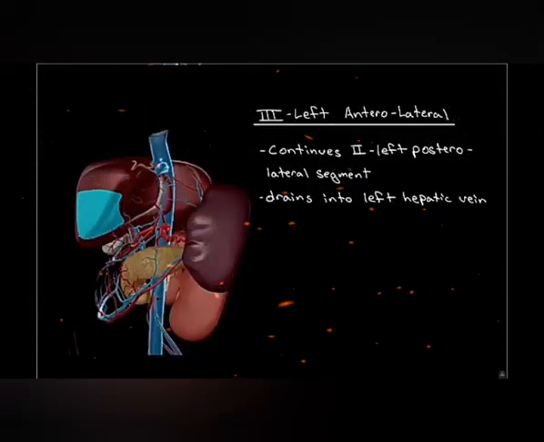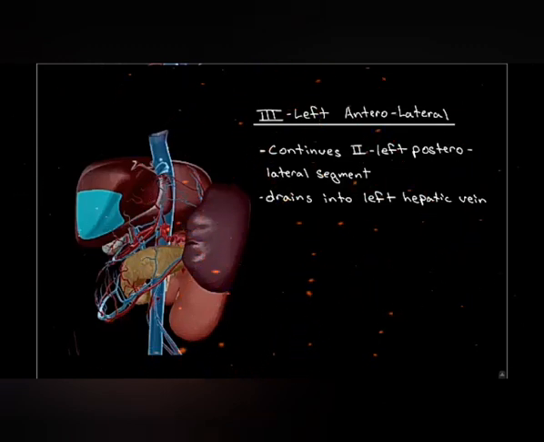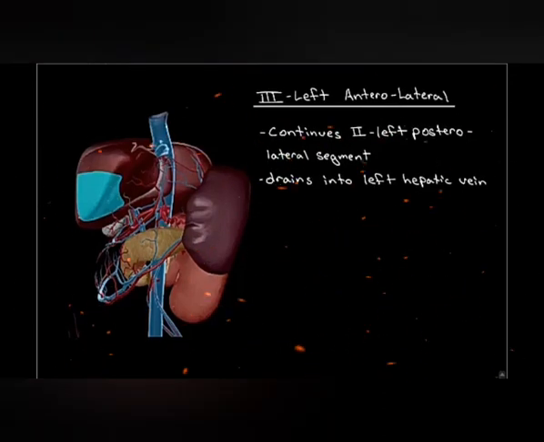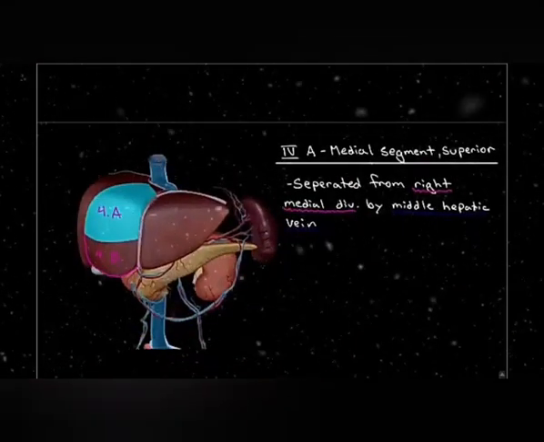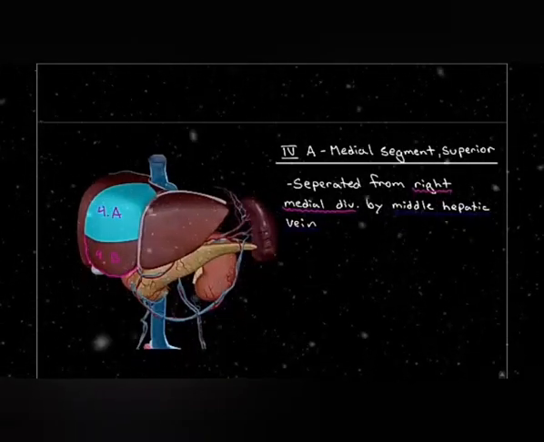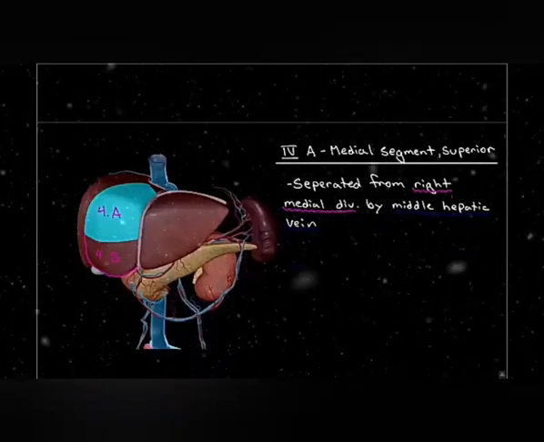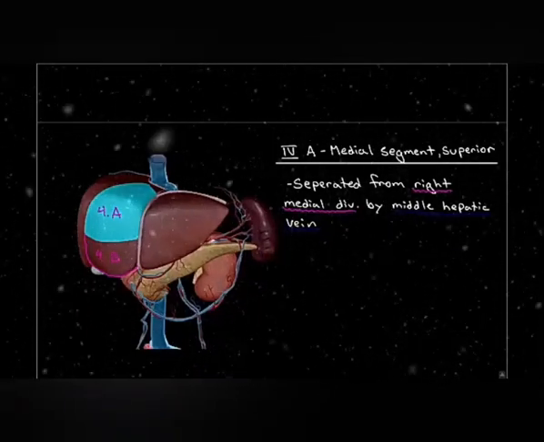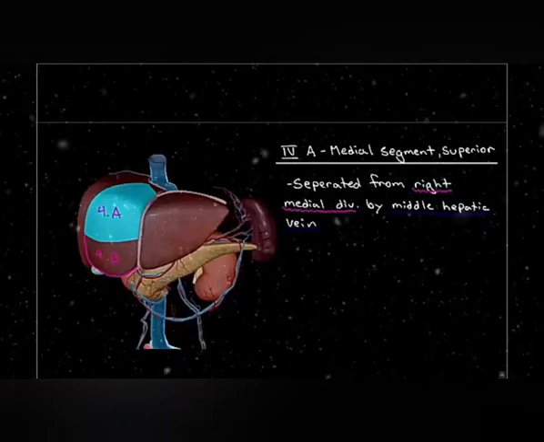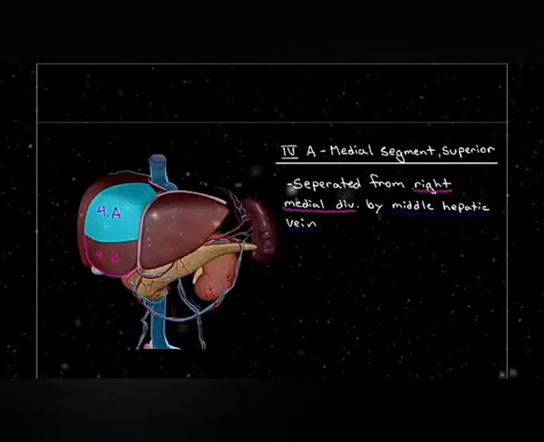Segment number 3, again, also part of the left lateral division, and together with segment number 2, it drains its blood into the left hepatic vein. Moving on to an anterior view of the liver, we can see segments number 4A and 4B, which is part of the left medial division. And again, that middle hepatic vein is making this division of the liver.